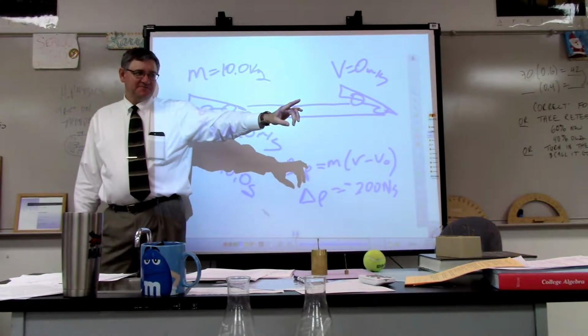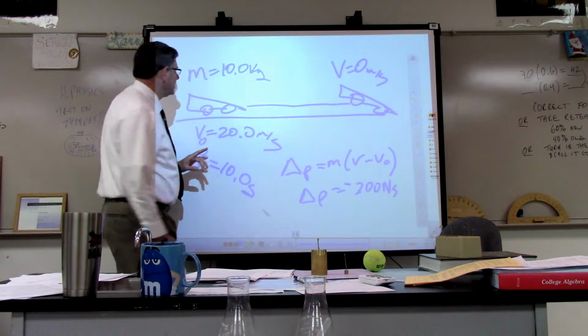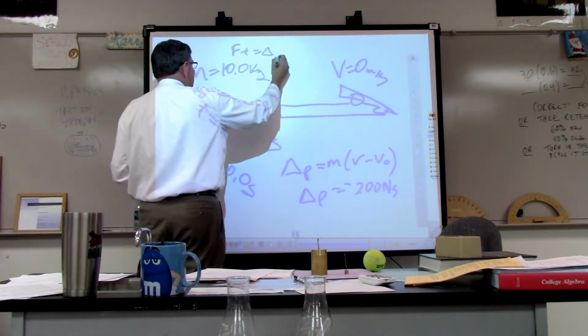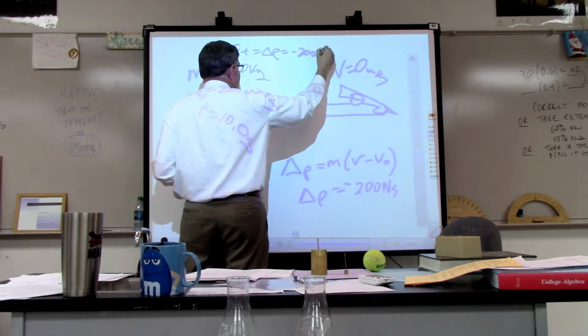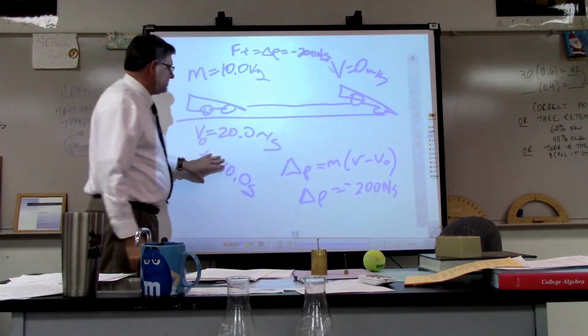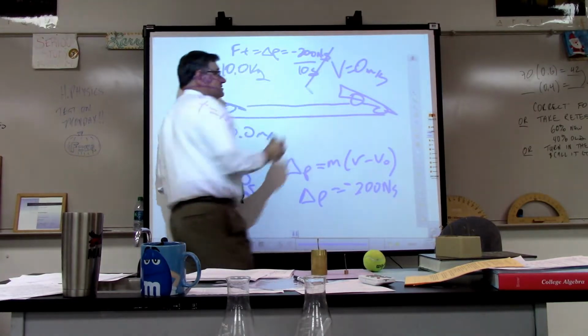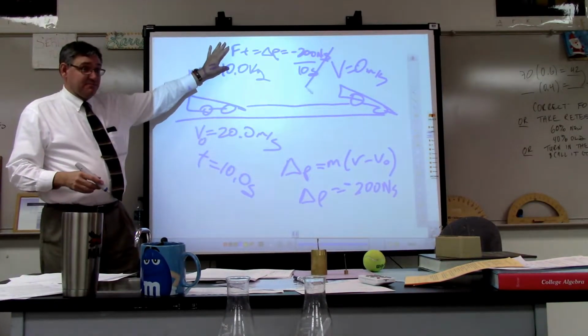If force times time equals change in momentum, which in this case is negative 200 newton seconds, then to get that force I divide by this time of 10 seconds. The seconds cancel out, and you're left with newtons, which is what force is measured in.